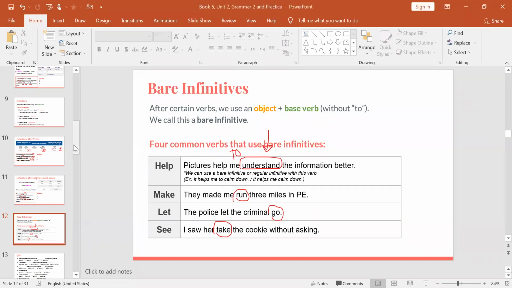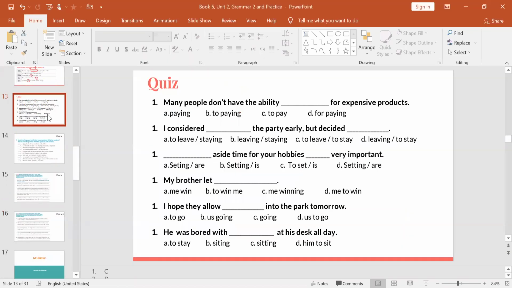Okay, so we're going to continue. So we got a quiz. I'm going to give you a minute to go over this quiz, and then we'll keep going.